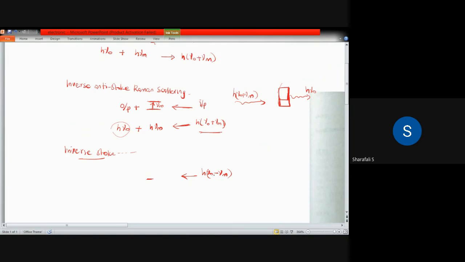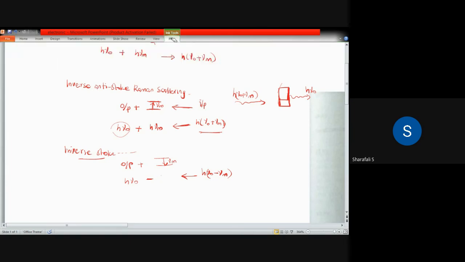This will be split into h nu 0, and this h nu m will be gone. You can write this as your output, plus h nu m.